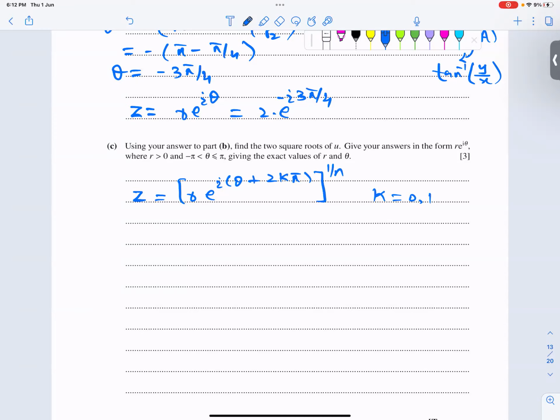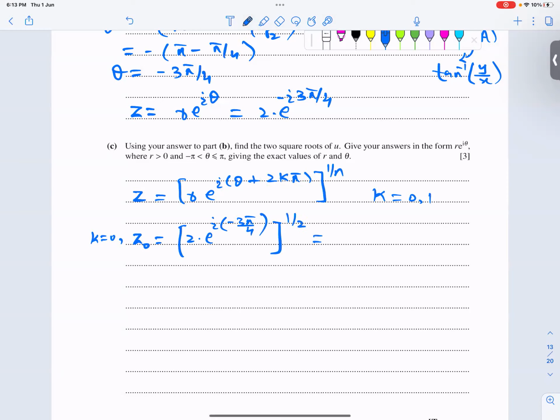So the first square root, for k equal to 0, we can denote this z0. It is 2 e raised to the power i theta, where theta was minus 3 pi divided by 4. K is 0, so this 2k pi part will become 0. So just this, and then I told you that n was 2.